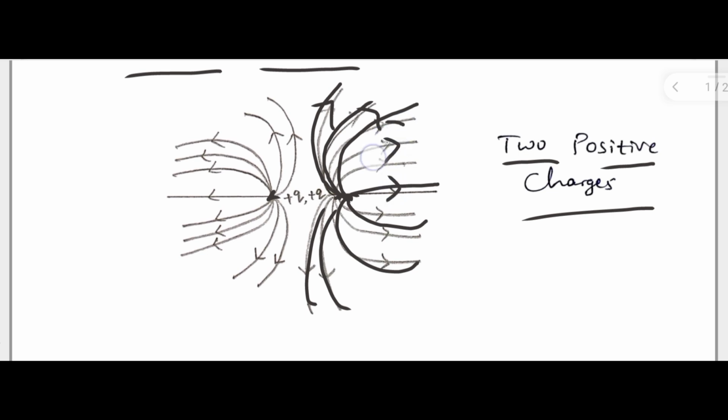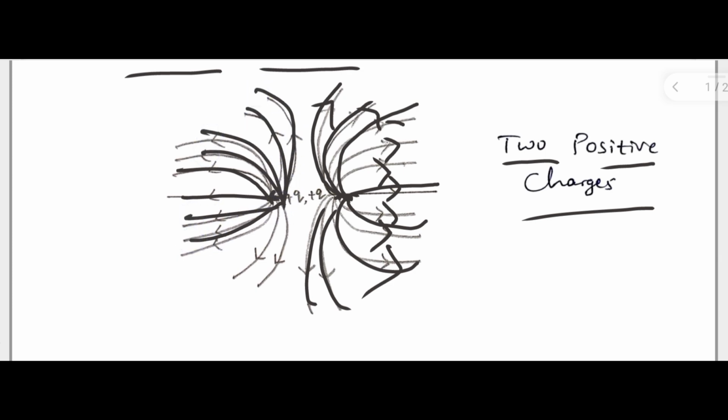For each and every line we should mention the arrow mark, which gives the direction. These are the electric field lines. They tend to repel each other and try to move away from the charges.